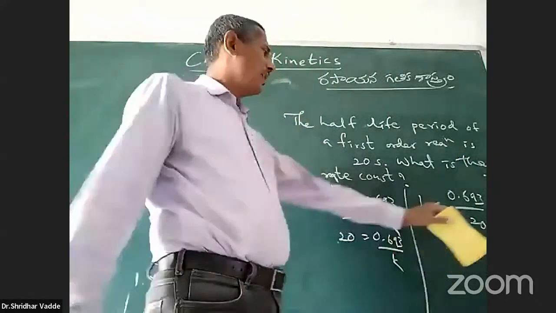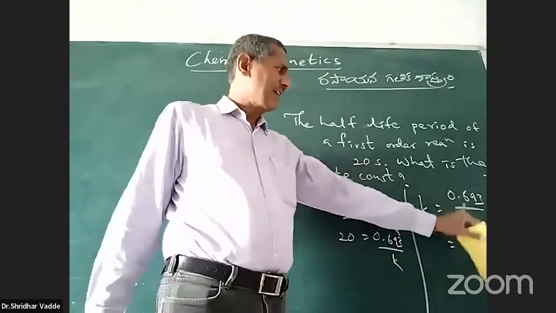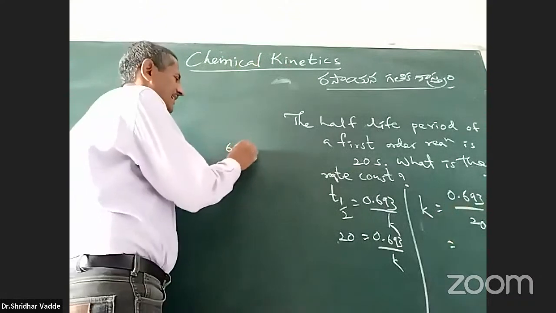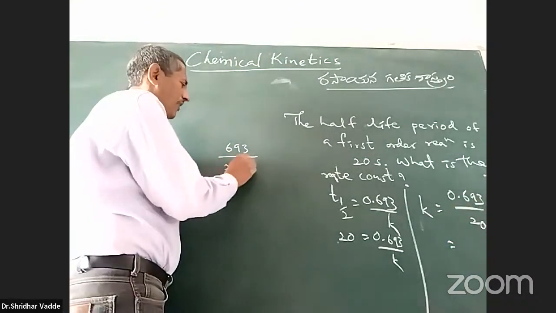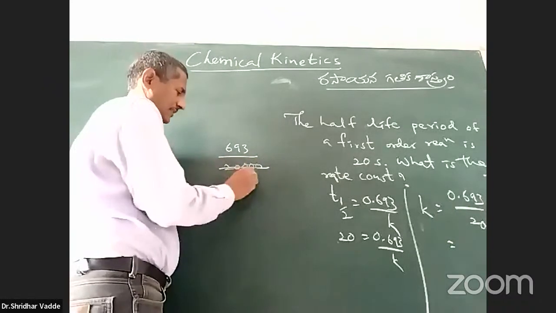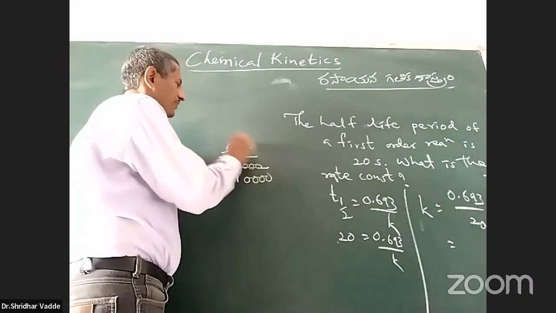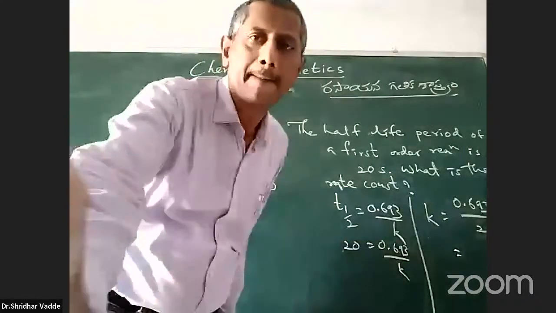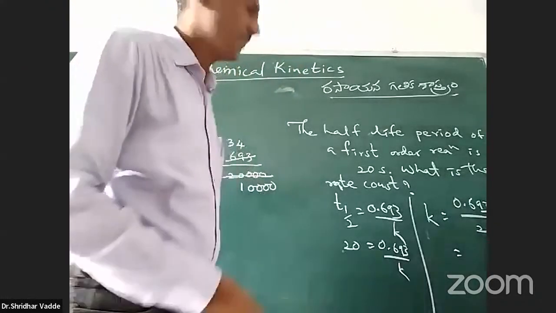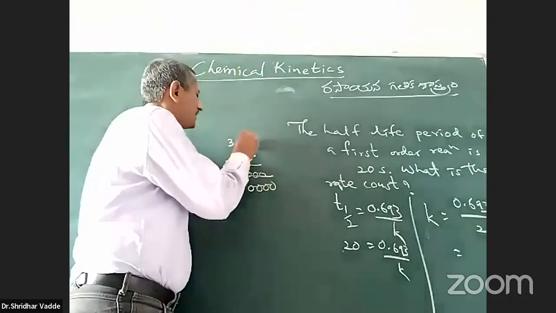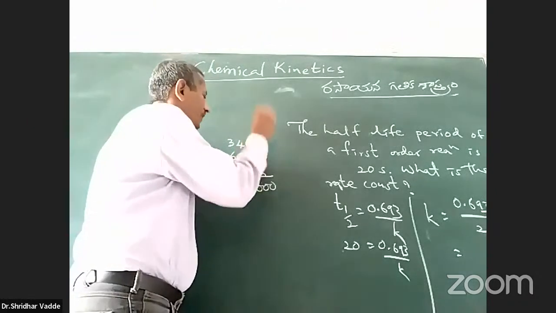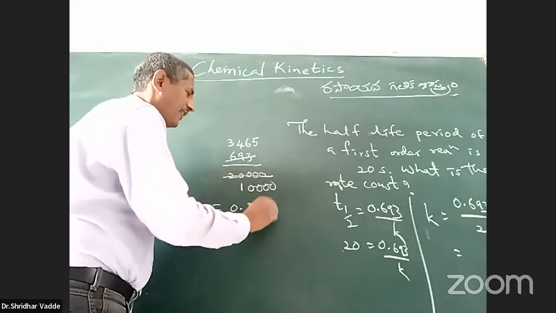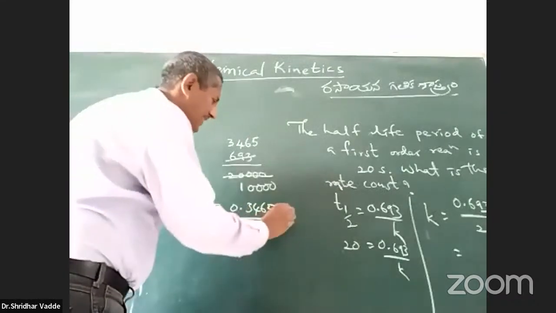When it is like this, be very careful with decimals in the simplification. Just do it like this: 693 divided by 20. 2 threes are 6, 2 fours are 8, 2 sixes are 12, 2 fives are 10. So this comes as 0.03465. Here, what are the units, my dear friends?